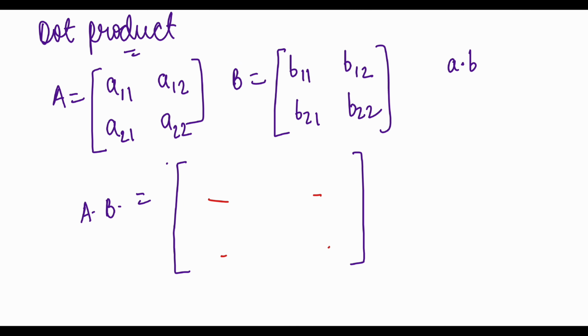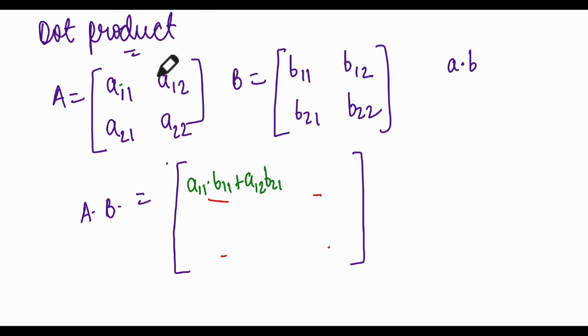It is an important one. A11 will multiply with B11, and A12 will multiply with B21. So this will multiply with this, and this will multiply with this. So it will be A11 into B11 plus A12 into B21.